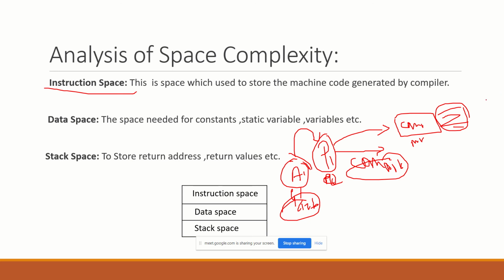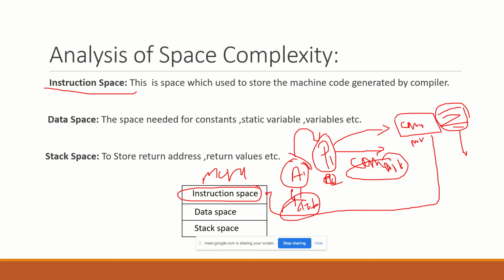To store the compiled code in memory, there will be a space, that is the instruction space. After a program is compiled, there is a space to store the generated machine level code or machine code, that is the instruction space.